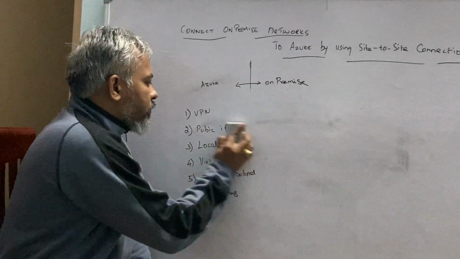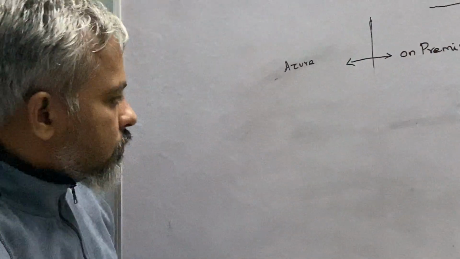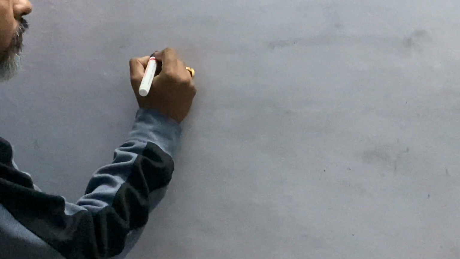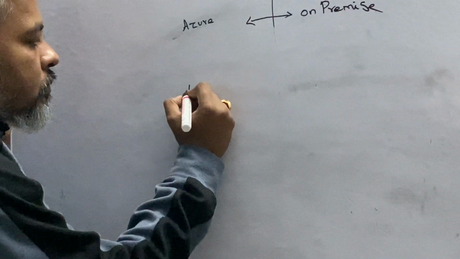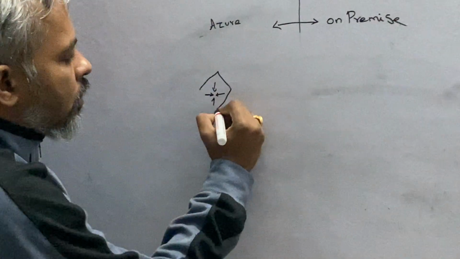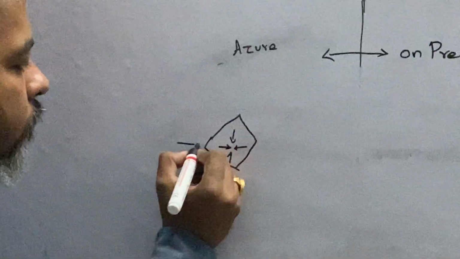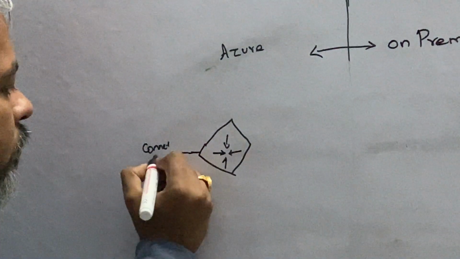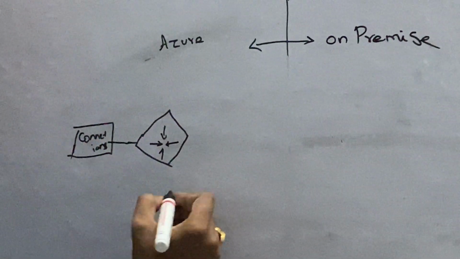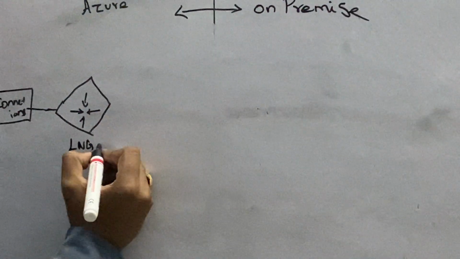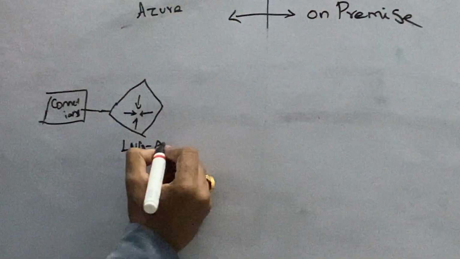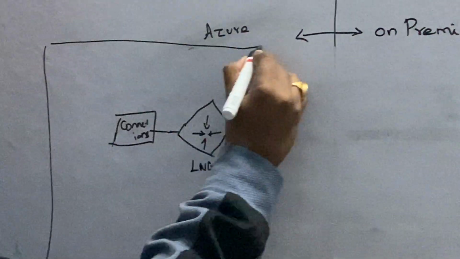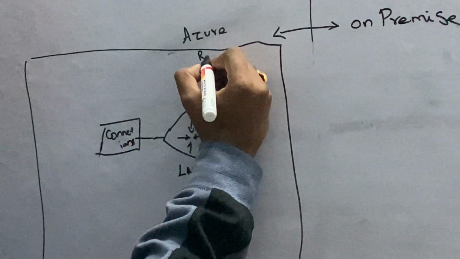So logically, how it is going to look is, this is your local network gateway, Azure VNet, and on top of it, basically all this under a resource group.